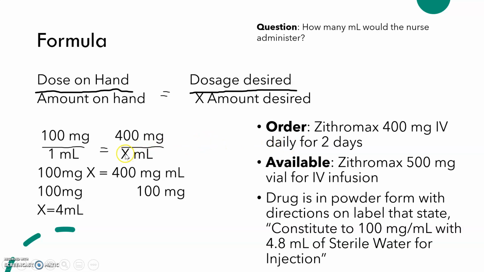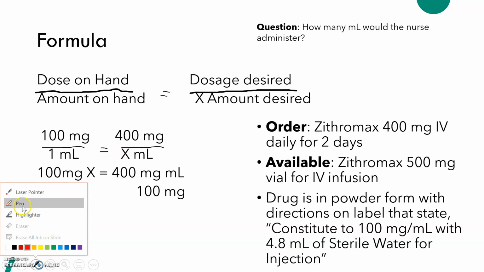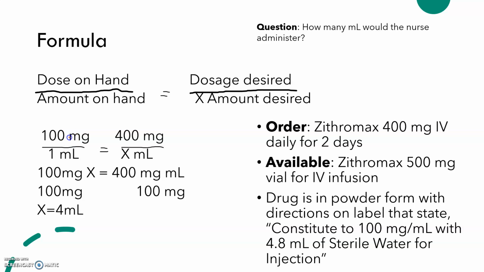What we don't know is how many mLs we'll get from that, so we have an X. So what we're going to do is cross multiply. We're going to multiply 100 milligrams by the X. Then we're going to multiply the 400 milligrams by the 1 ml.